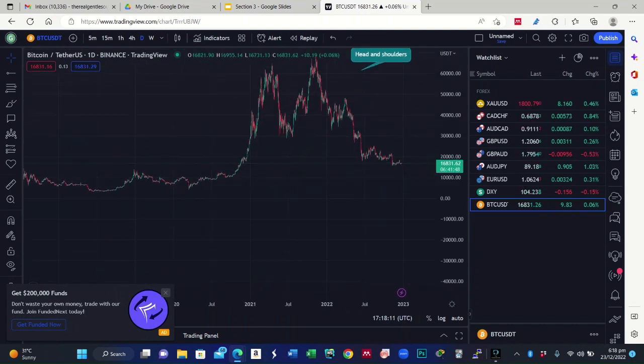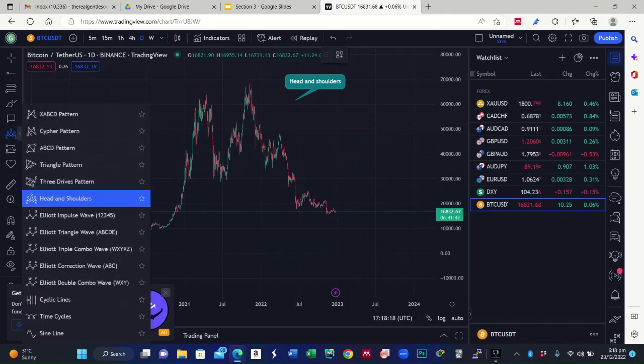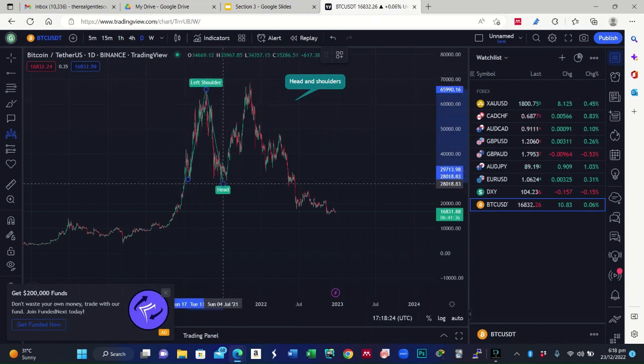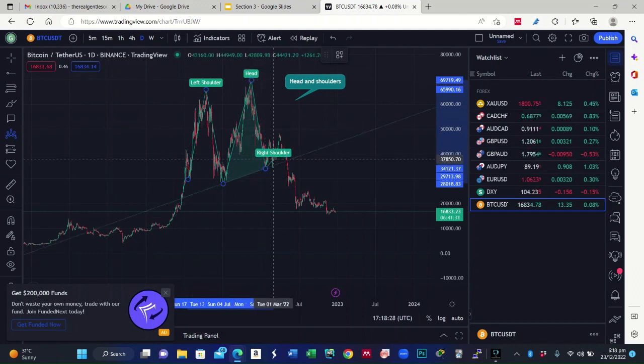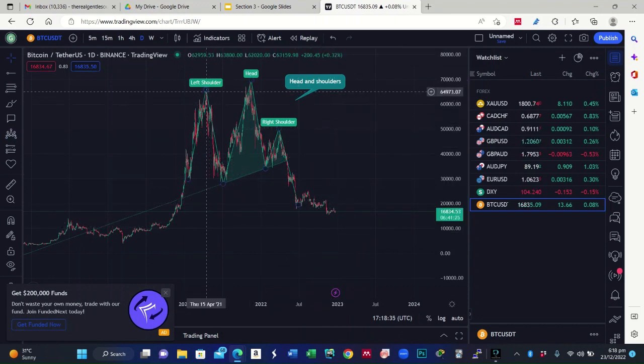I'm going to be using the head and shoulder tool to make this clearer for you. Head and shoulder. So this is the left shoulder, this is the head, and this is the right shoulder.